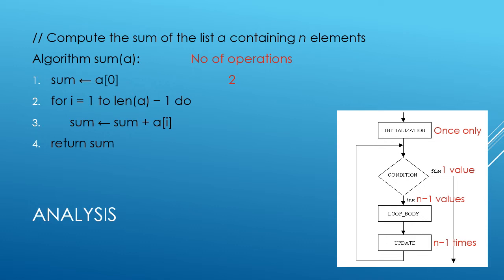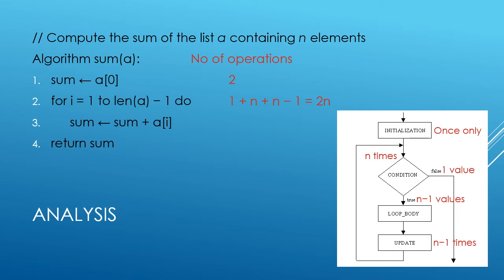So I will check the condition n times. The number of operations in the for loop is the number of initializations plus the number of times the condition is checked plus the number of times the update is made.